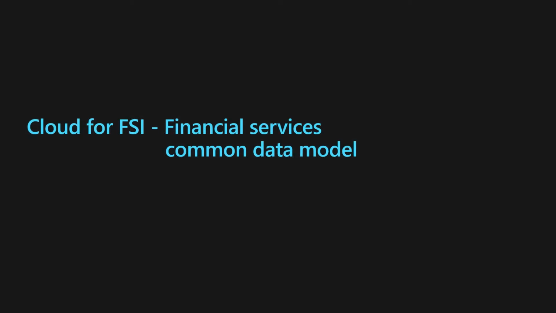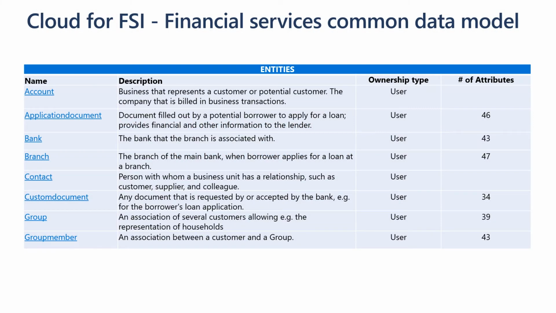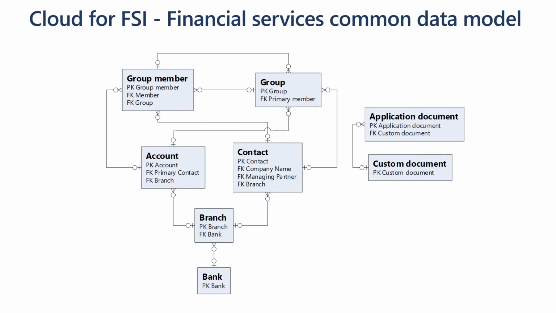So let's take a closer look at the Financial Services Common Data Model. It includes key entities like account, application document, bank, branch, contact, custom document, group, and group member. In the Financial Services Common Data Model layer, everything is around the contact.